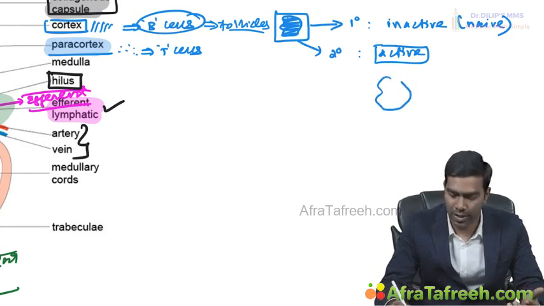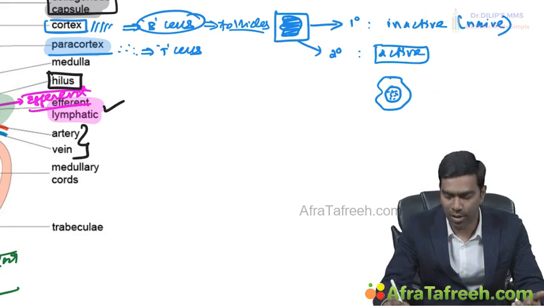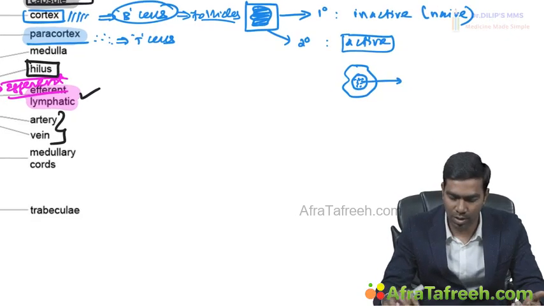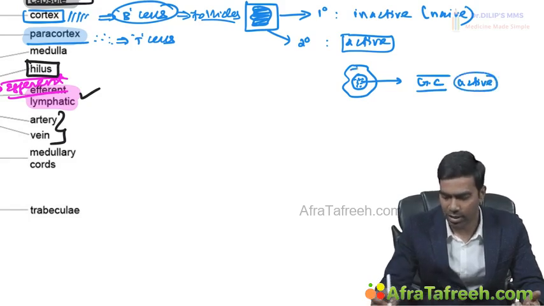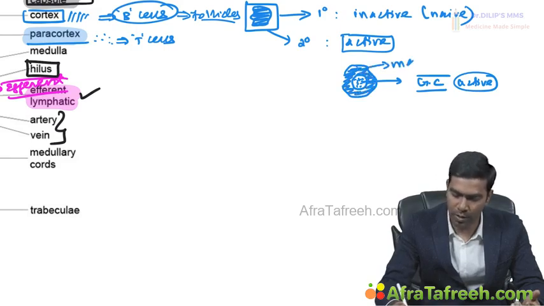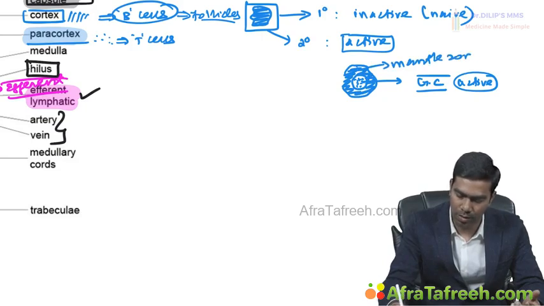So if you take a follicle, an active secondary follicle, it will contain two zones, the central zone and the surrounding zone. The central zone is what we call the germinal center. The germinal centers are the ones that contain the active areas. The surrounding ones are what we are going to call the mantle zone.